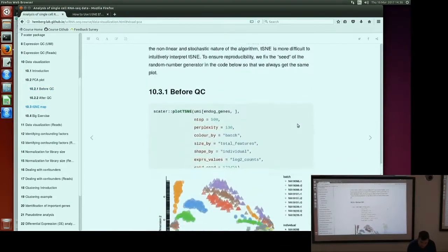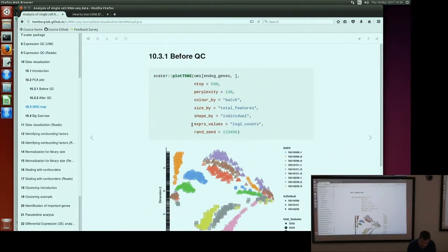If you don't specify this argument, the default is EXPRS. So the default will be log2 counts per million, which is generally a much more appropriate thing to use than raw counts or log2 of raw counts. Yeah, good to clarify that.